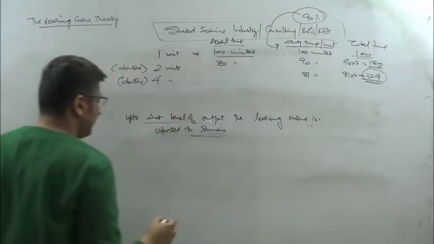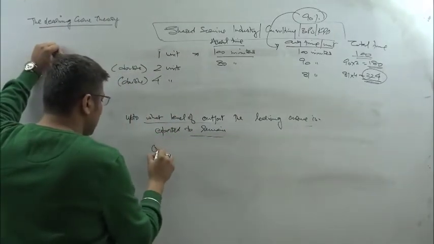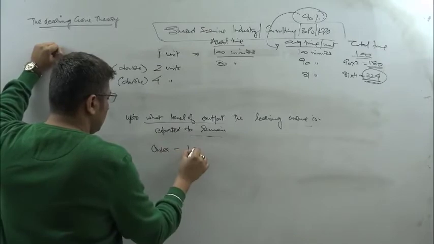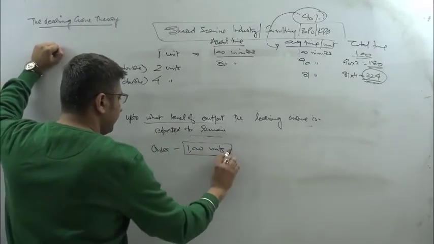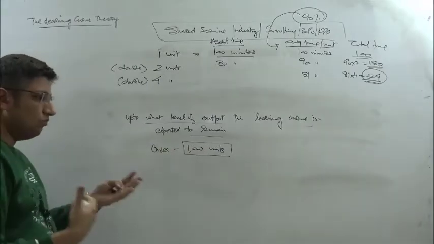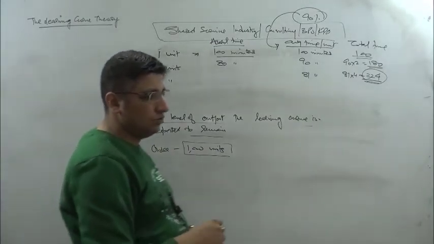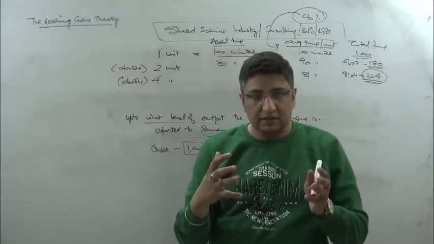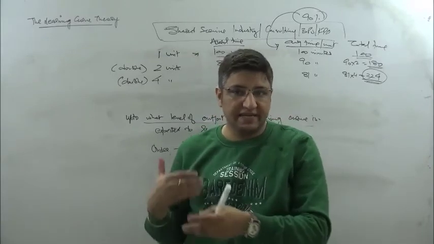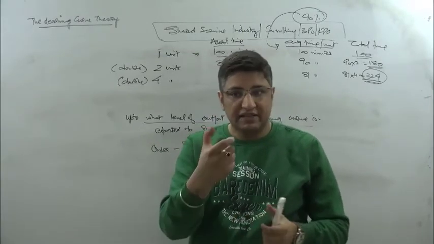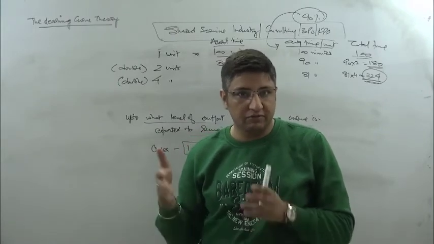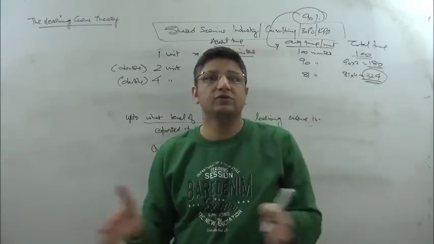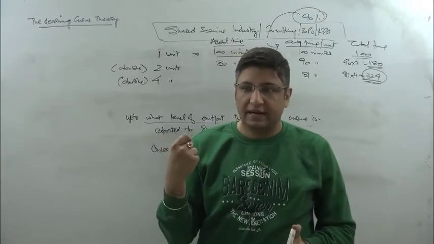For example, there is an order for 1000 units. Up to what level of this output, up to what point in time, would the learning curve take place? That is, until when will the time get reduced, and after that point we would say it cannot reduce any further. You certainly require at least a few minutes.